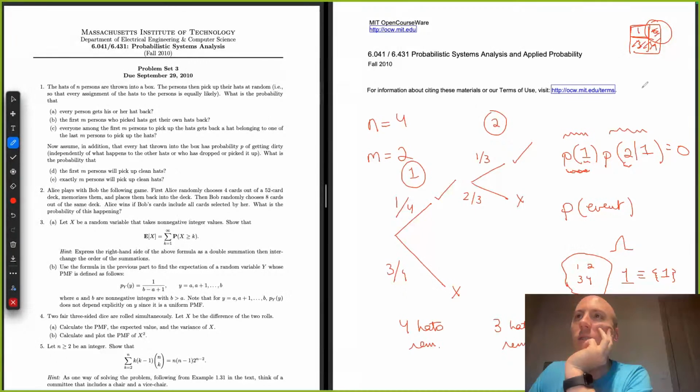But really, when we say the probability of 2 given 1, we basically want to say this is out, and now we're transported into this universe here.